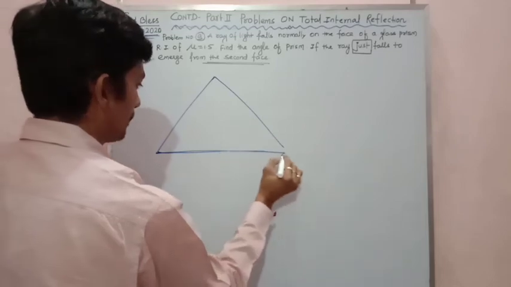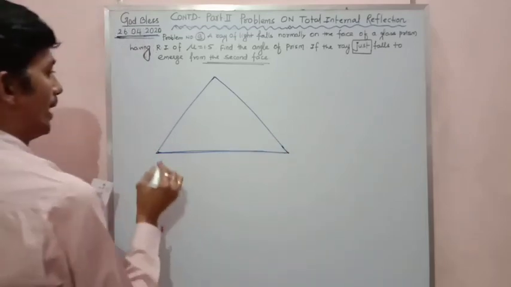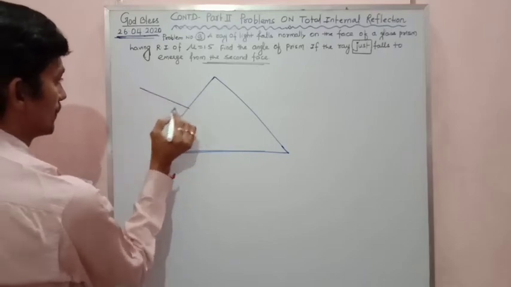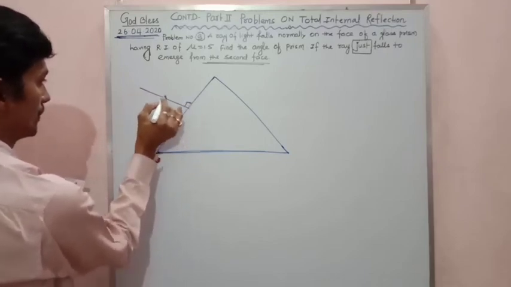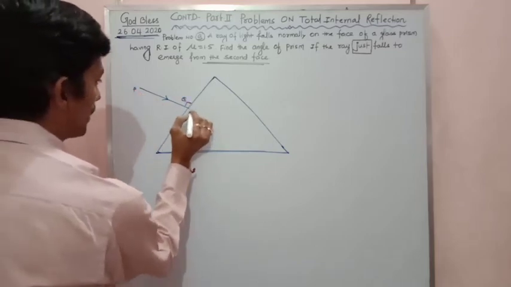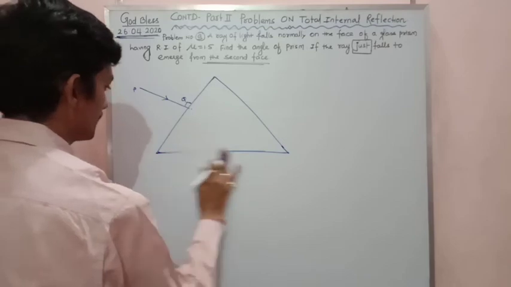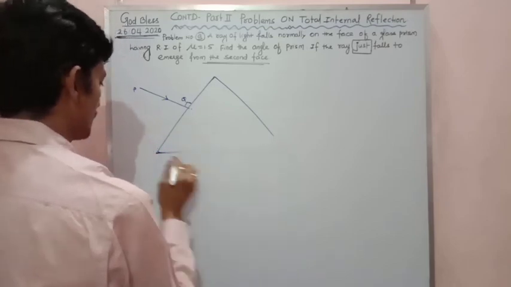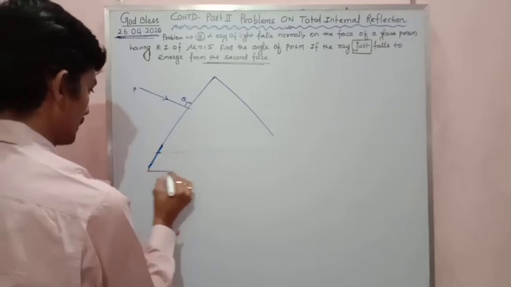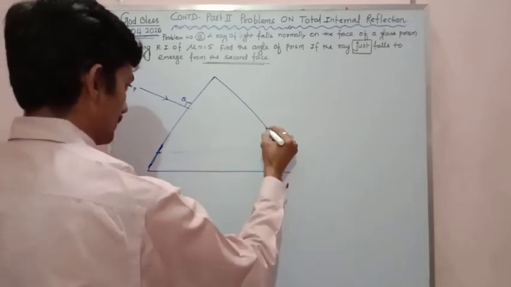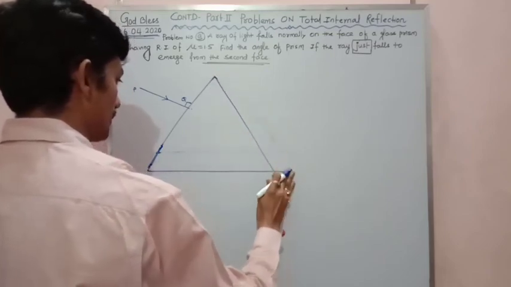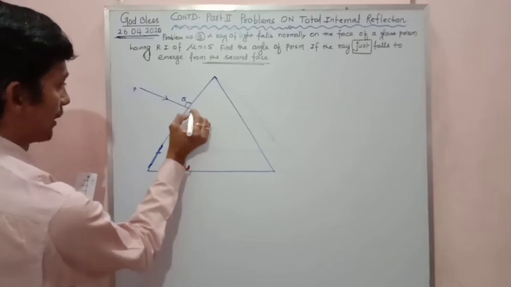So we have drawn the prism. And here the ray is falling normally on it. Say I have taken this ray as PQ, and this will go straight here.